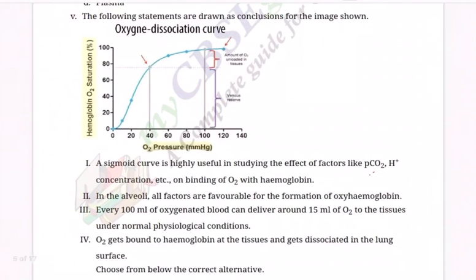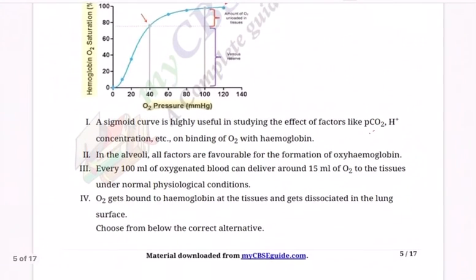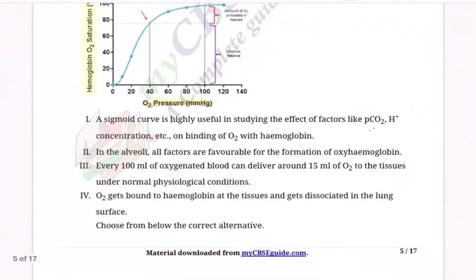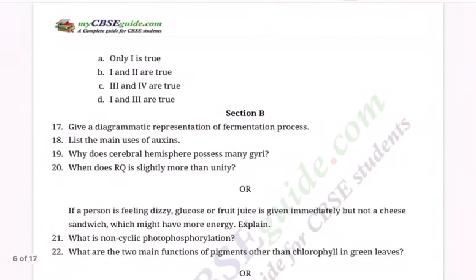Correct. 2. In the alveoli, all factors are favorable for the formation of oxyhemoglobin. 3. Every 100 ml of oxygenated blood can deliver around 50 ml of O2 to the tissues under normal physiological conditions. 4. Oxygen gets bound to hemoglobin at the tissues and gets dissociated in the lungs surface. Now choose from below the correct alternative.